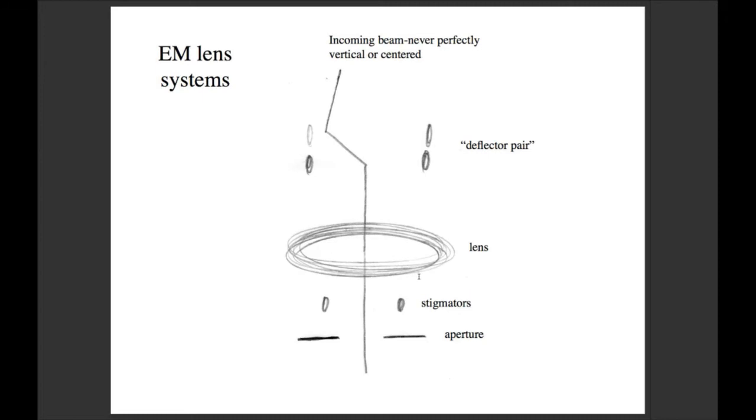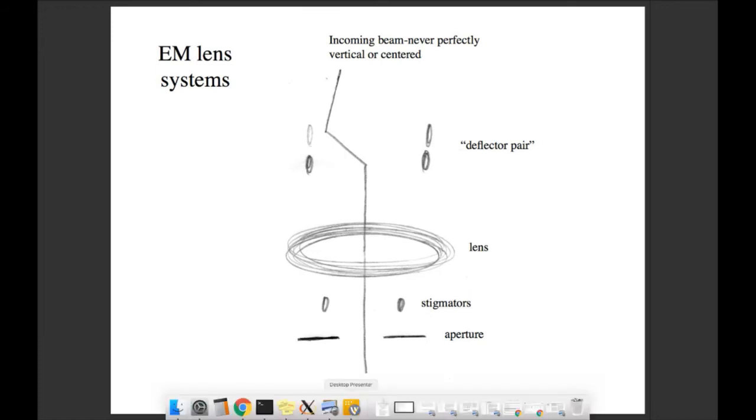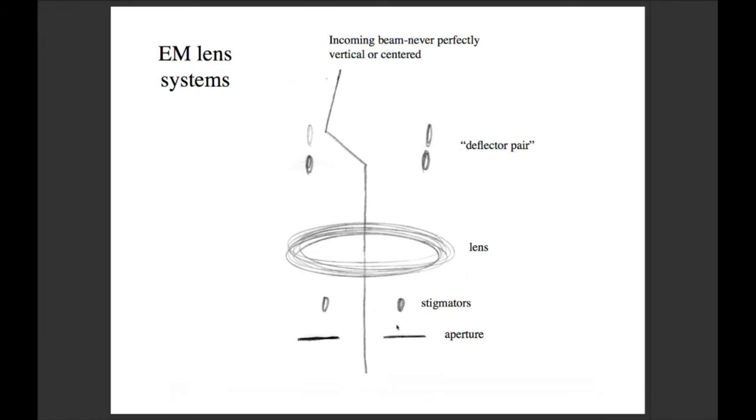They conversely add or subtract more field, more current, to correct for imperfections. Then finally, below that we have an aperture that will remove electrons that are very far from the optical axis. Anything spraying outside of here will be chopped off by our aperture.